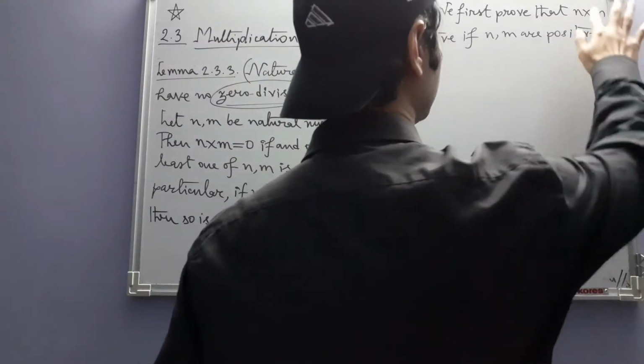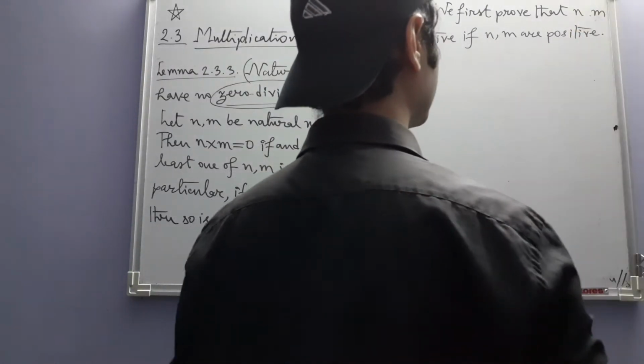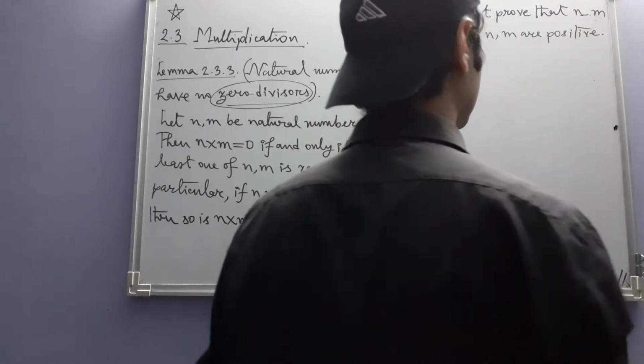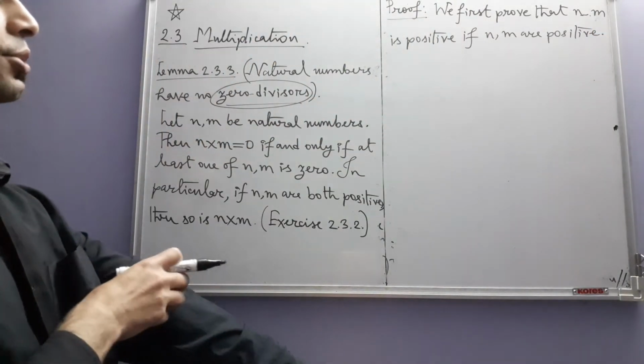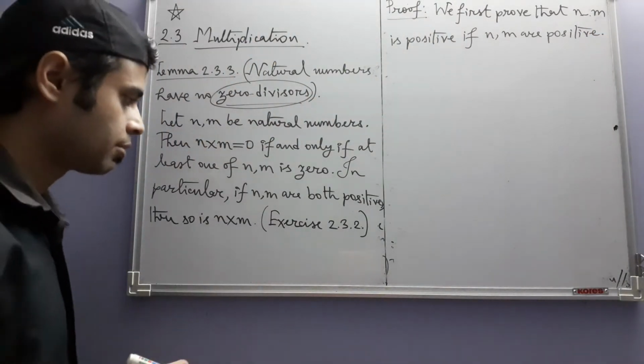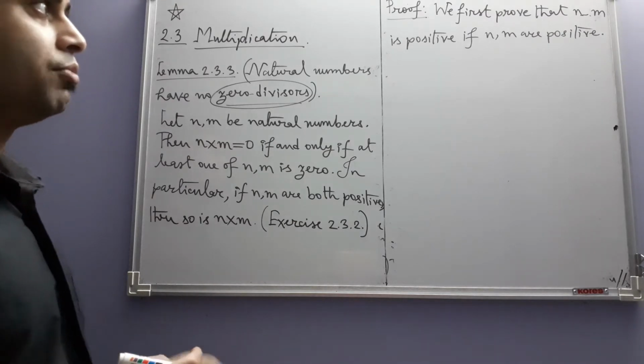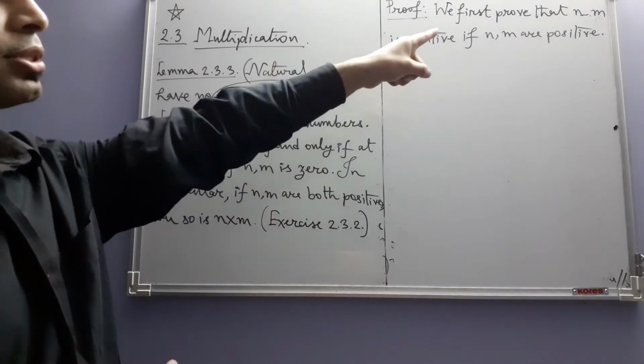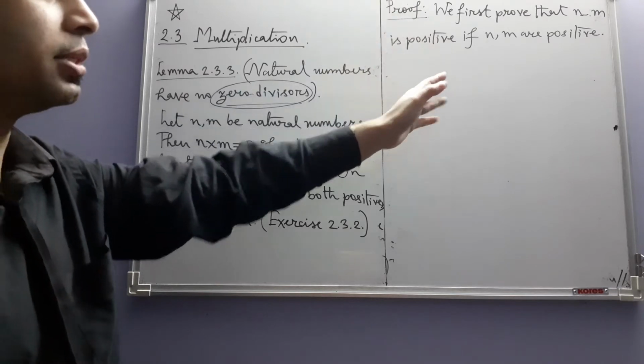So now I don't have to use n cross m. I recalled it, so that's why it felt somewhat awkward at this stage. Okay, so we first prove that nm is positive if n and m are positive, right?